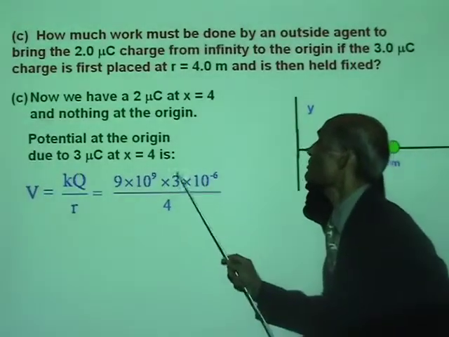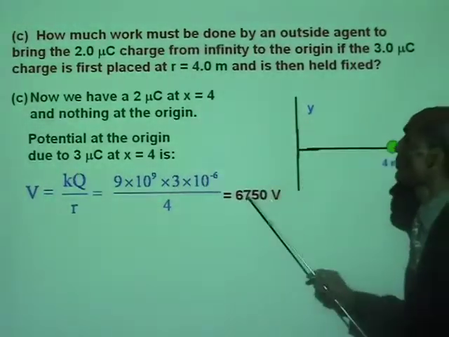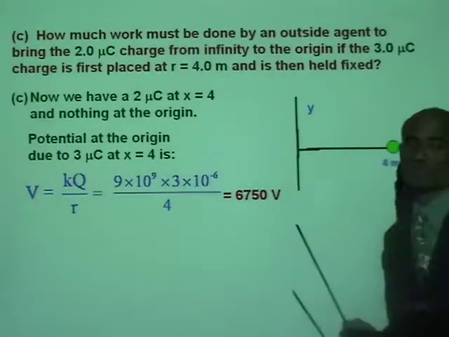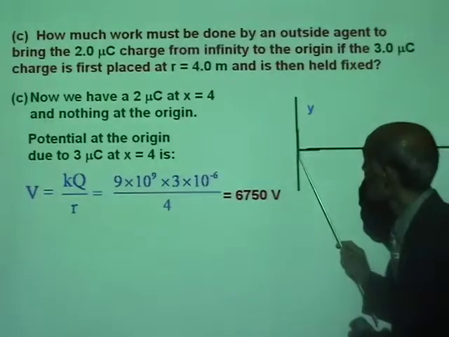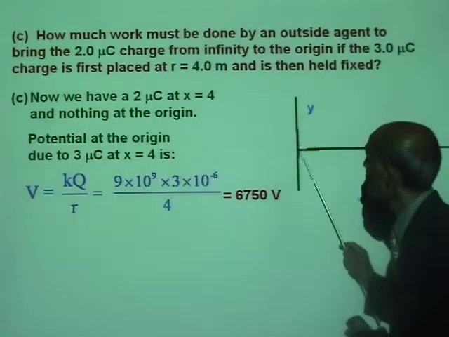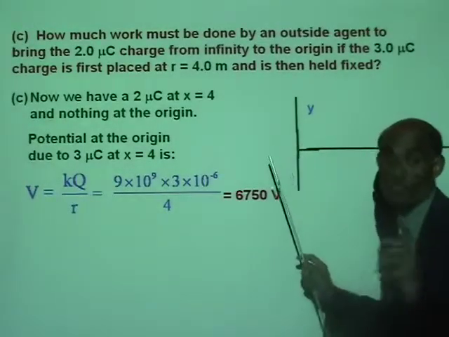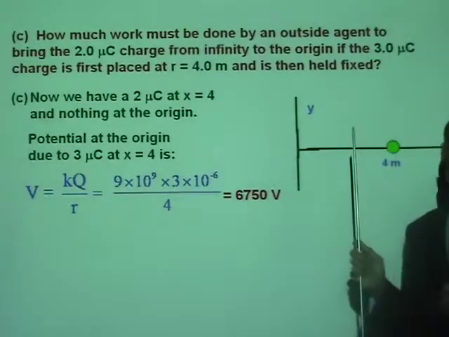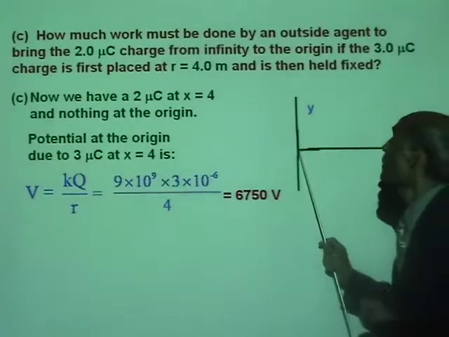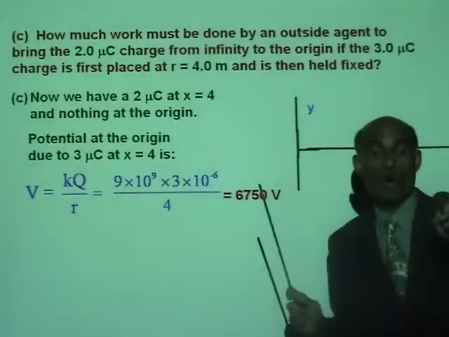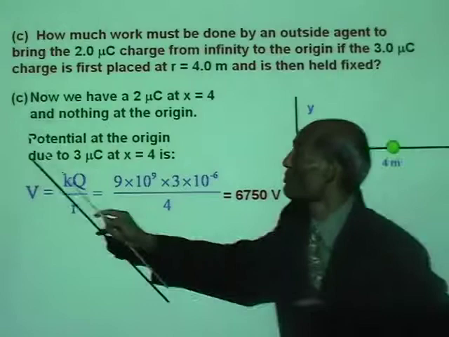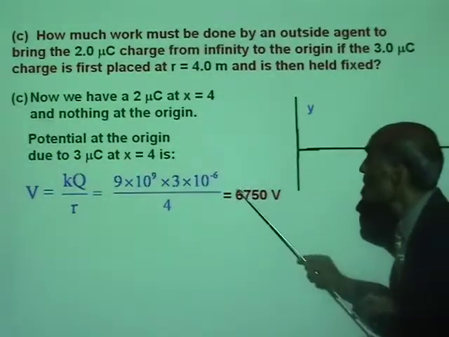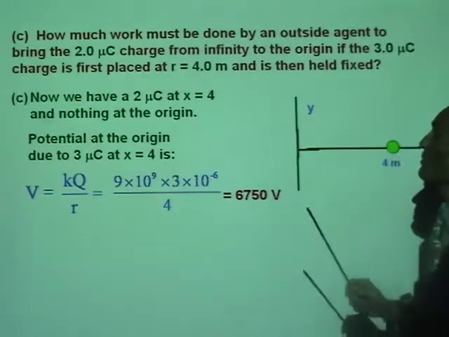Q is 3 microcoulomb divided by 4, and that is 6,750 volt. 6,750 volt is the potential at the origin due to this 3 microcoulomb. That means the amount of work that needs to be done on 1 coulomb to bring it from infinity to the origin is 6,750 volt.